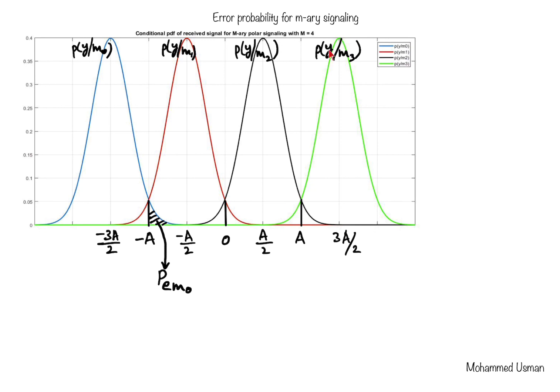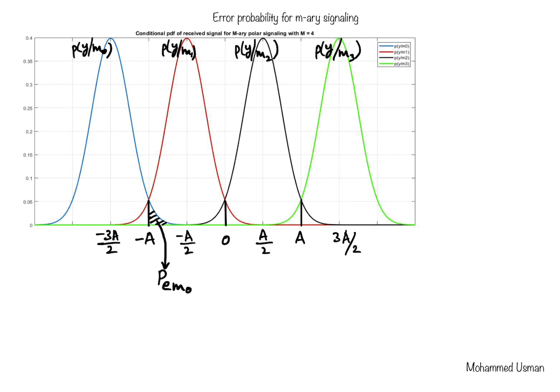But if we transmit M3 and the received signal Y is less than A, that is to the left of A, then the receiver will decide maybe M2 or M1 or M0, depending on how far it is to the left. In all the cases, it will make an error, because the transmitted symbol would be M3, and the received would be M2 or M1 or M0.